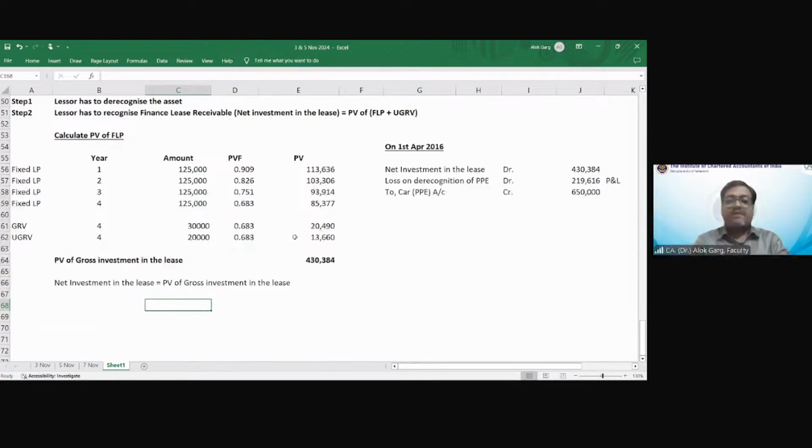So what is the subsequent accounting? लीज पेमेंट का रिसिप्ट होगा और हम उसमें इंटरेस्ट कंपोनेंट दिखाएंगे. Finance income. Subsequent recognition and measurement. इस क्वेश्चन में व्हाट इज माय ग्रॉस इन्वेस्टमेंट इन द लीज?